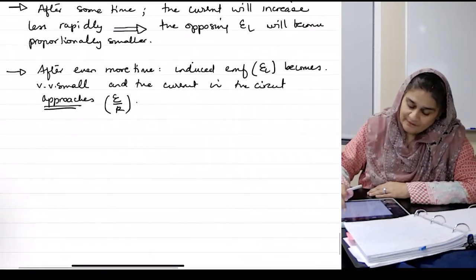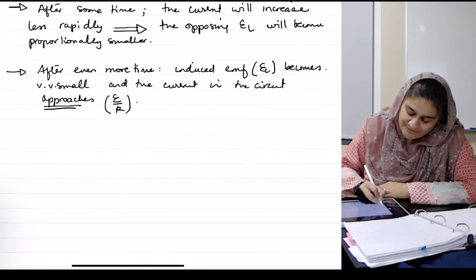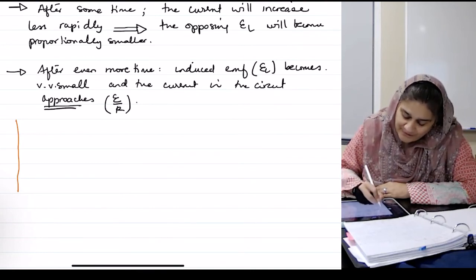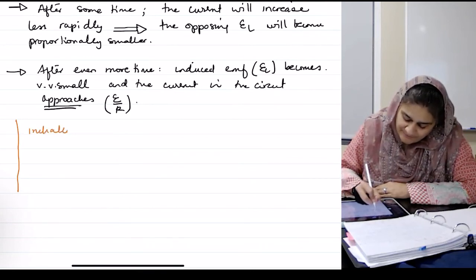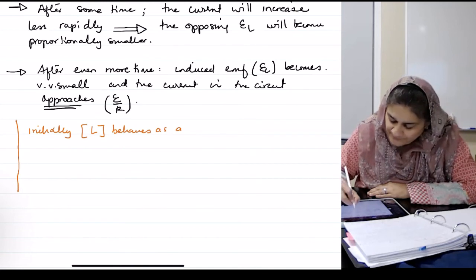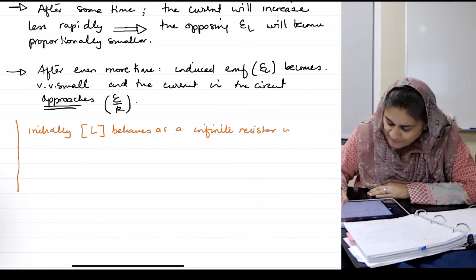So I can put this in a box and I can say, initially, L behaves as an infinite resistor with I equals 0.